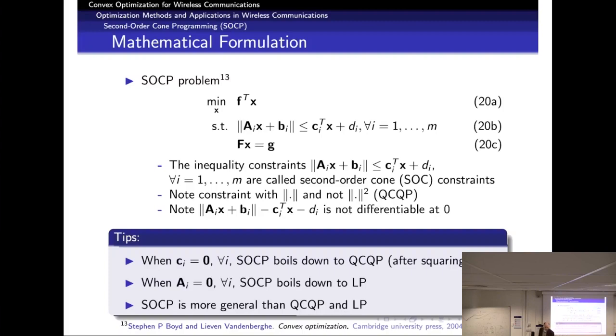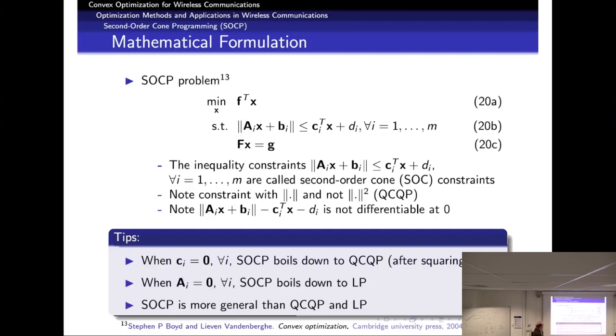If you remember what we had with a cone, we had this set of points t and x, such that the norm of x is smaller than t, right? And for the L2 norm, that was creating our nice ice cream cone. So this is the same formulation here. This is still a vector, and this is a linear or affine relationship. So this is what will define my cone, and I have a linear equality here.